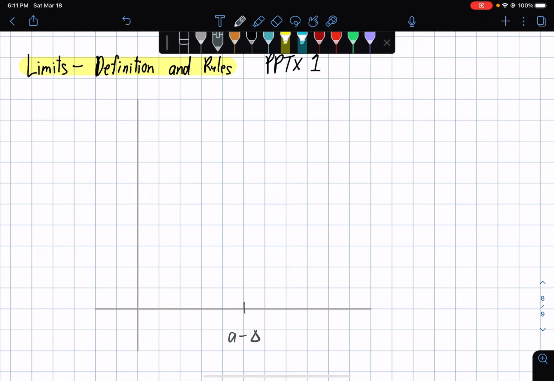Then we have a here, and this one is a plus delta. And at this side, we have L minus, I believe this is epsilon, not sure. Better to consult the internet about this, but I'm just copying what the graph looks like.